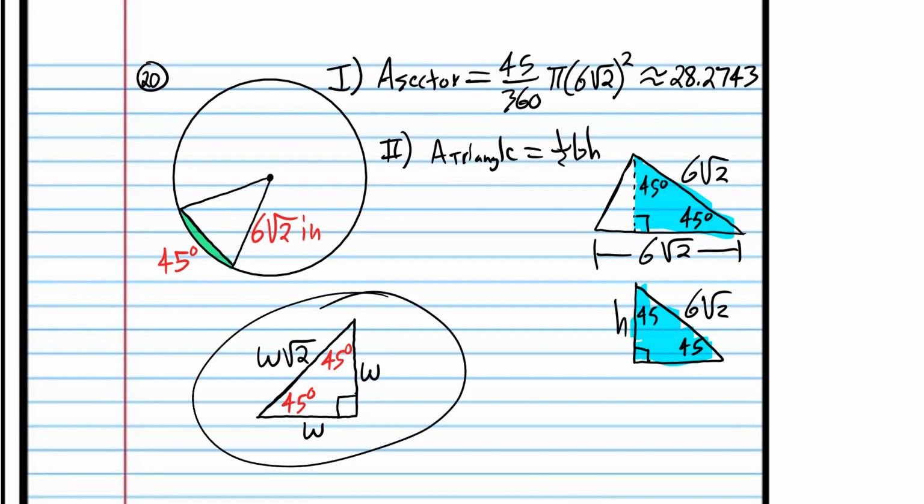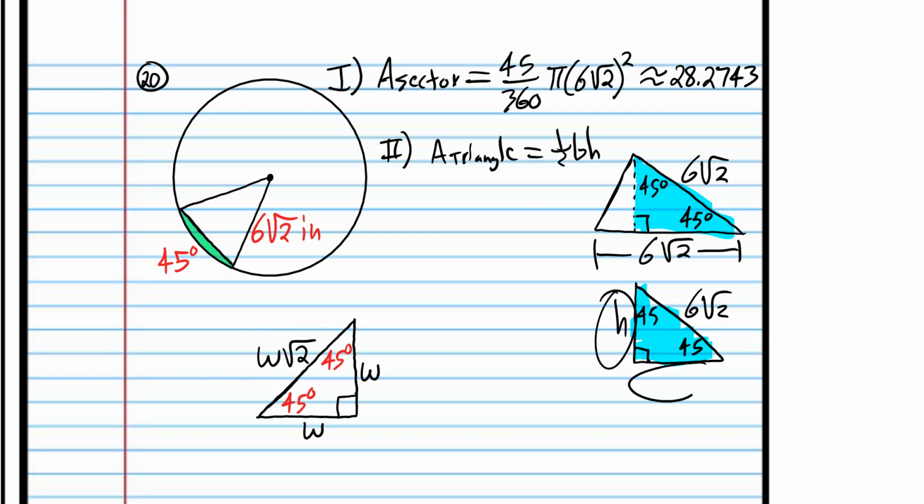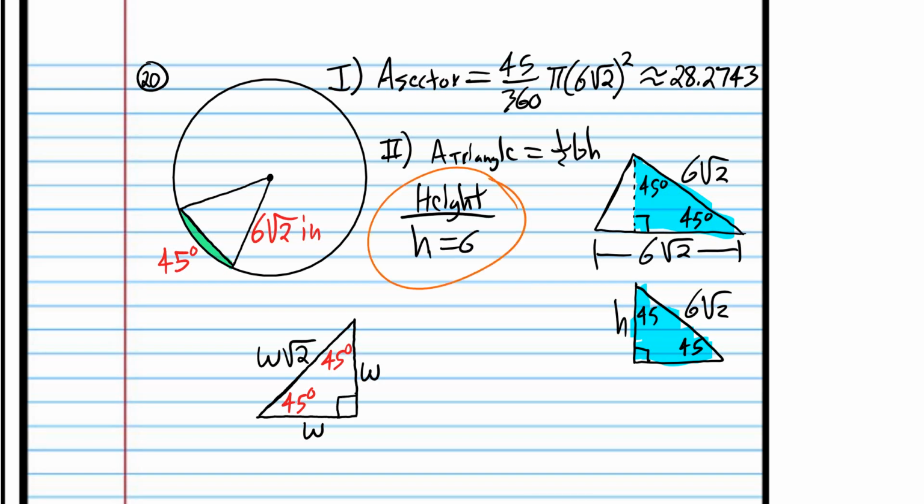So looking at this triangle, we can see that the hypotenuse is 6 root 2, a multiple of root 2, which means that W must be 6. So that means that these sides must be 6, based on that relation there. So the height is 6, and the base is 6 root 2, because we can just see it there.